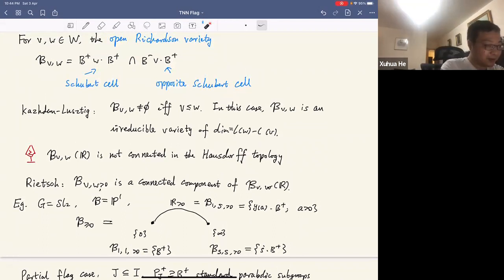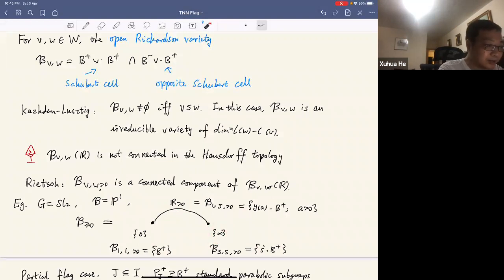If you look at G equals SL2, then the flag variety is just P1. And the totally non-negative part of the flag variety consists of three parts: 0, the positive numbers, and infinity.